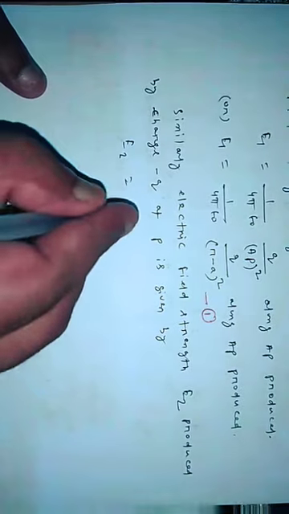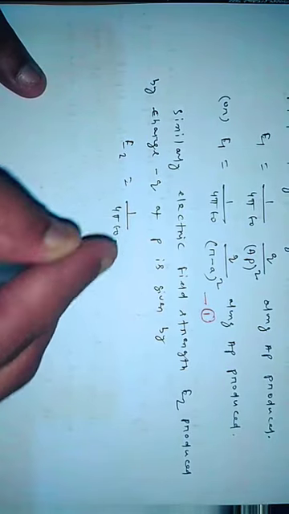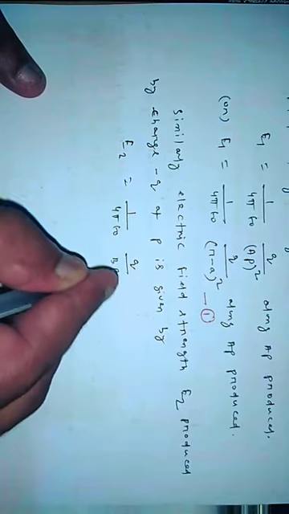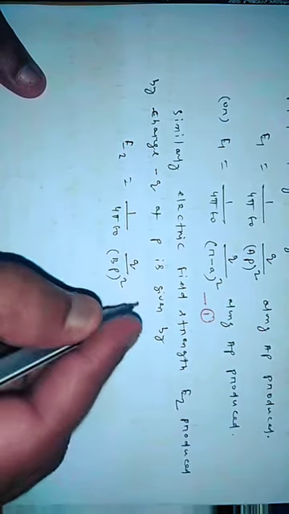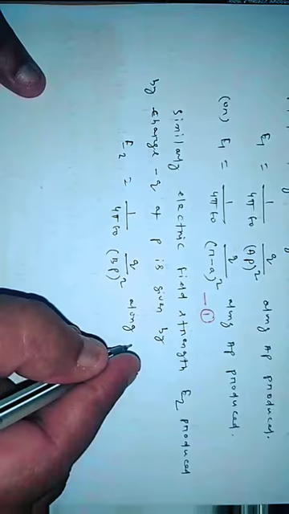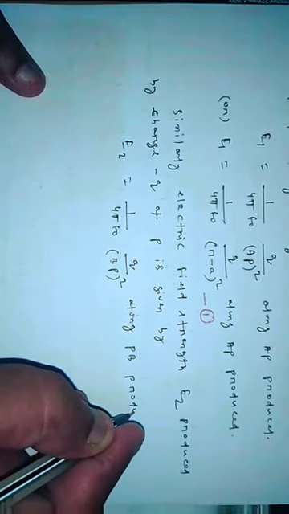E2 equal to 1 by 4 pi epsilon 0 into q by BP square along PB produced.